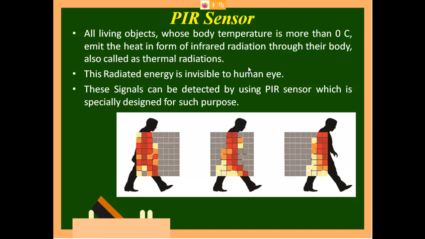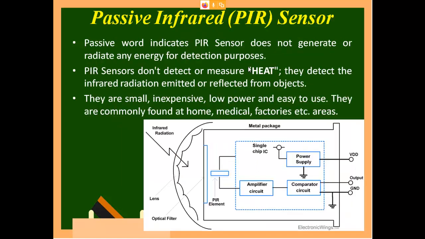Then these signals can be detected by using a PIR sensor, which is specially designed for such a purpose. So when you buy this PIR sensor and use it, that will be more useful. Okay, so in the passive infrared sensor, what is inside is, this curved portion I have told you about, that is the lens.